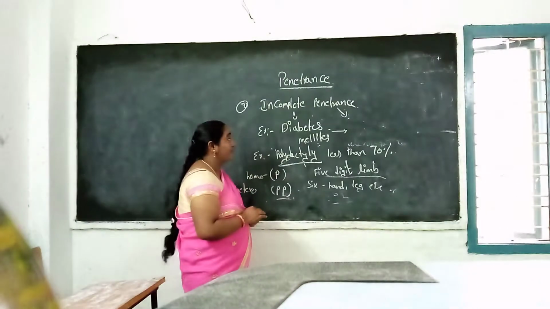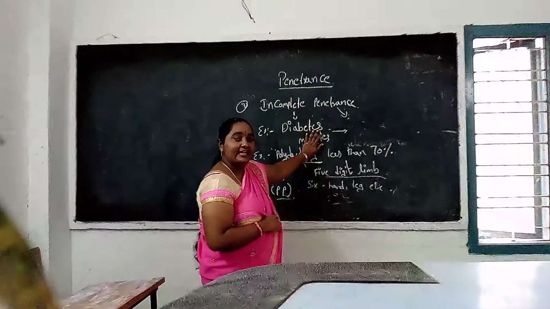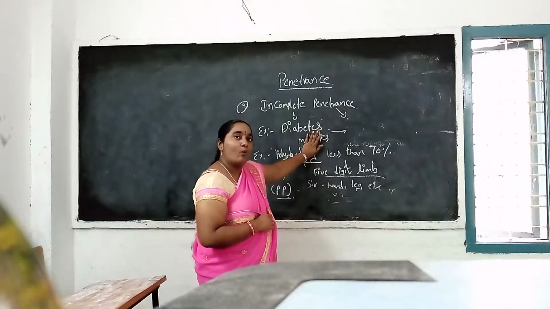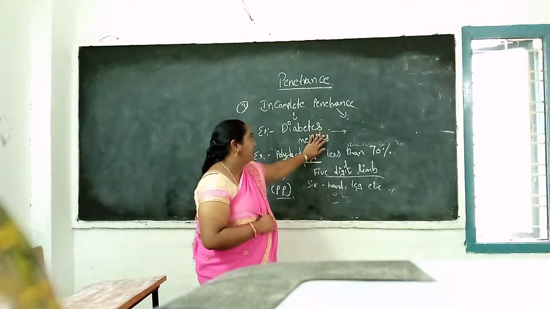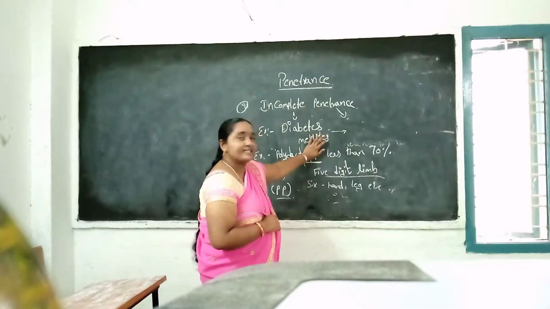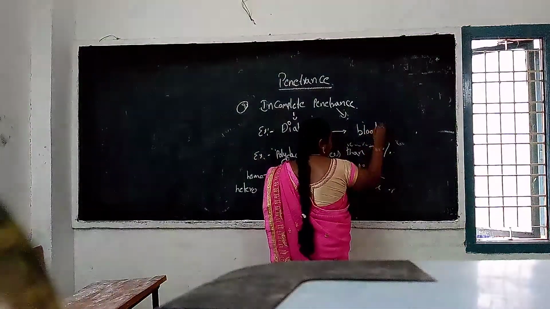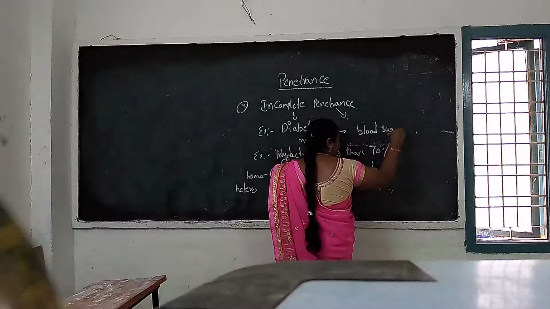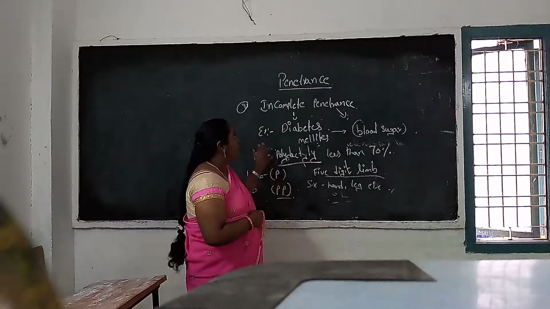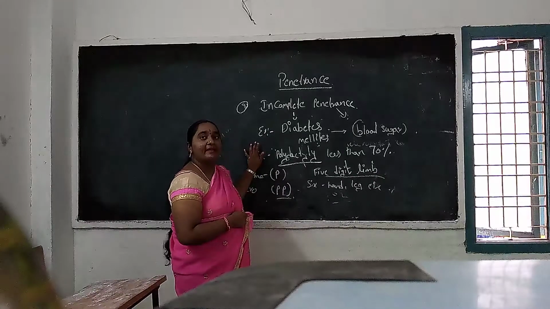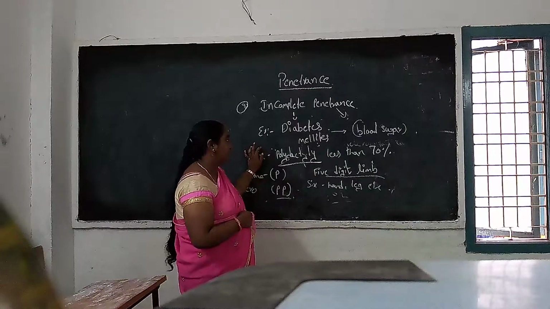It is naturally carried from one place to another, and blood sugar is the best example. That is called incomplete penetrance.